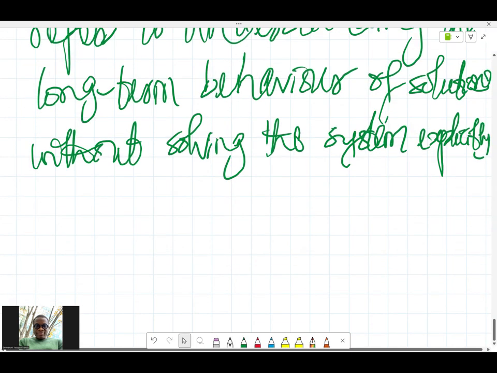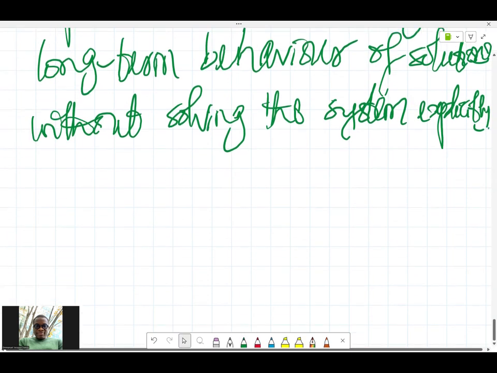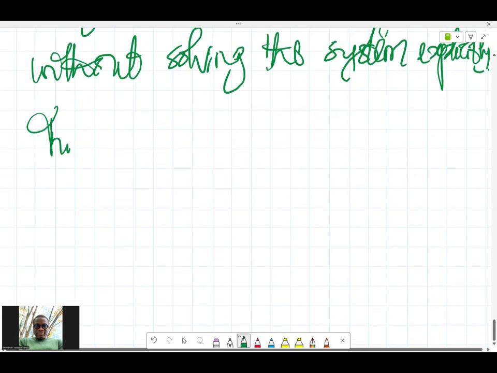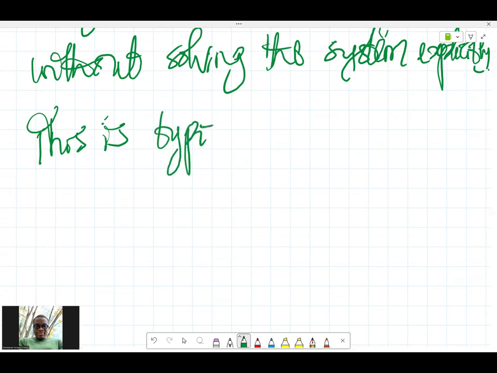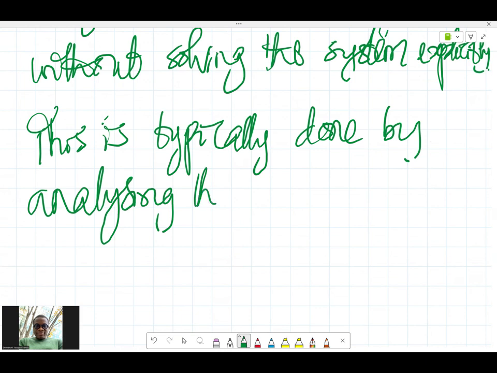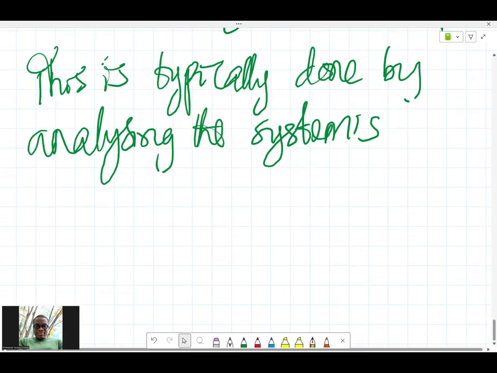So without solving, you can have an idea of how the system is going to turn out in the long run. This is typically done by analyzing the system's equilibrium points.